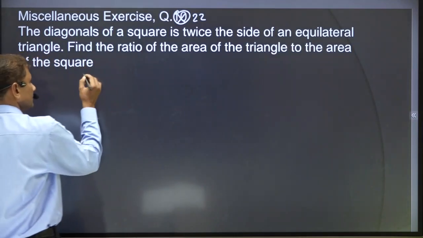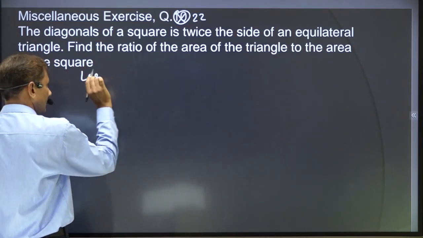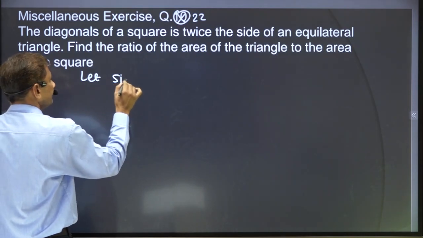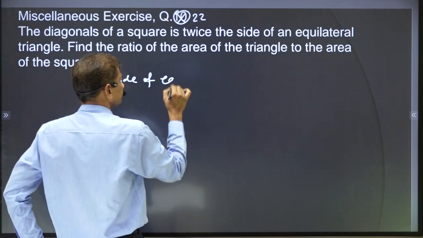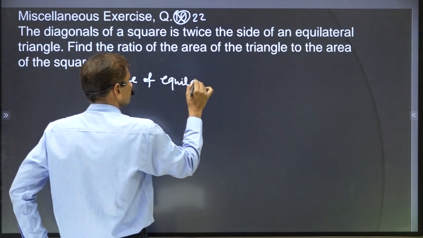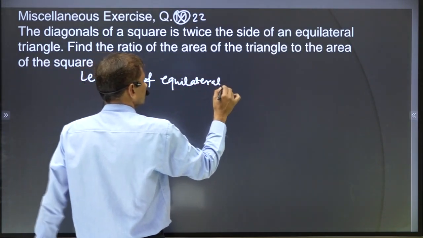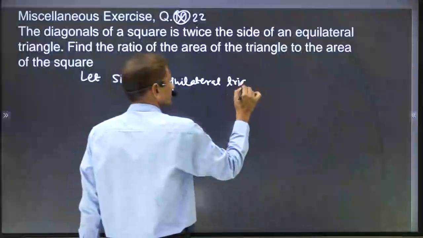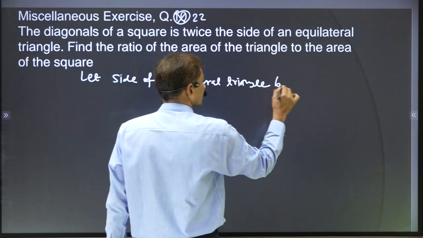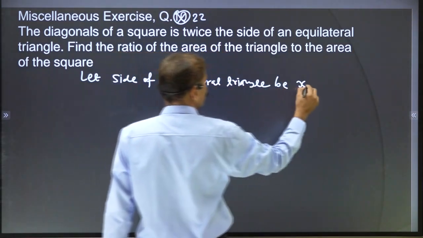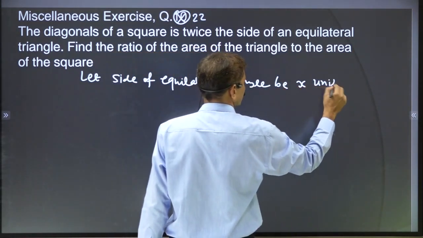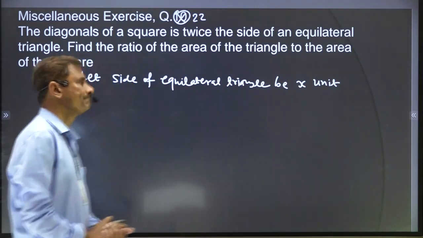So let the side of the equilateral triangle be x centimeter. Okay, actually the unit is not there, x unit. Centimeter, meter, we don't know.